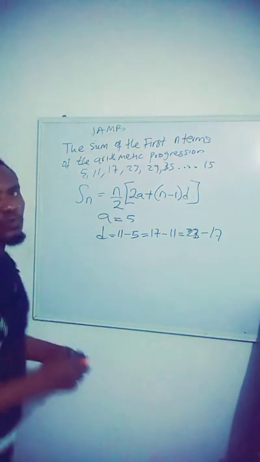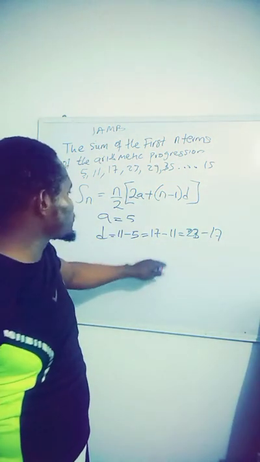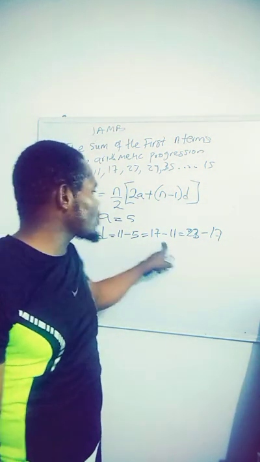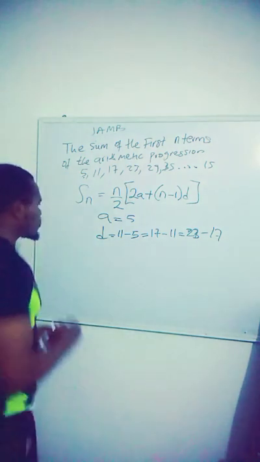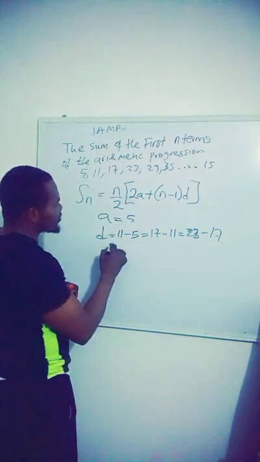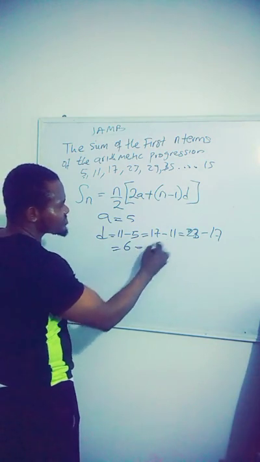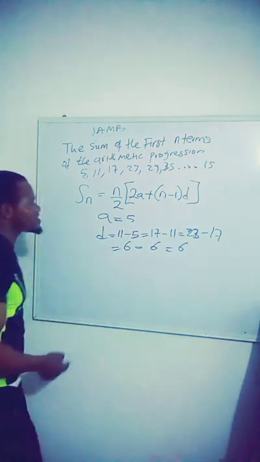All of them should give you the same answer. That is when you say it is a common difference. If one is not equal to the other, you have to find another way. So 11 minus 5 gives 6, 17 minus 11 is 6, 23 minus 17 is 6. So the common difference is 6.